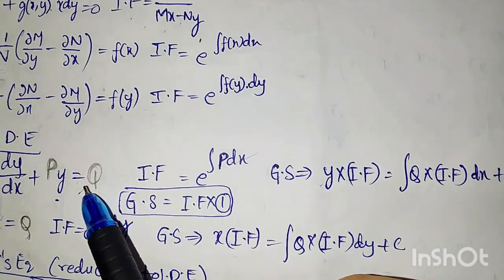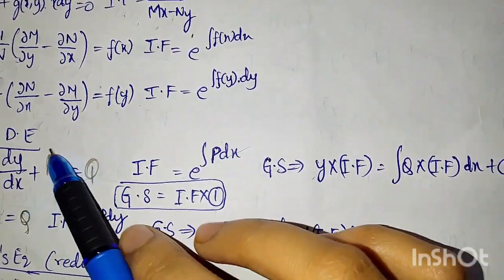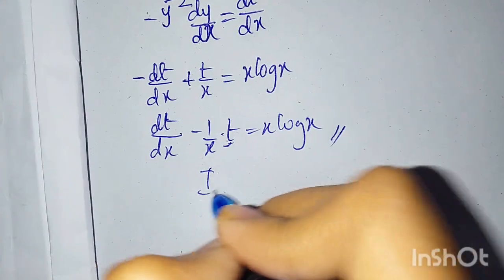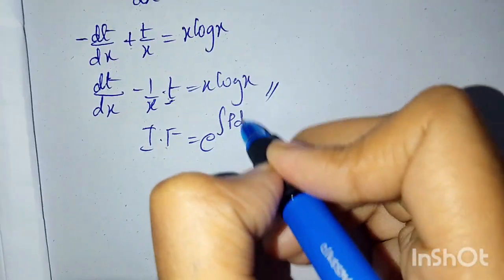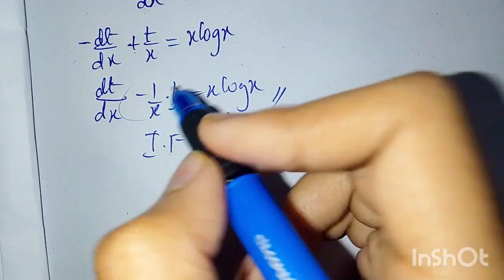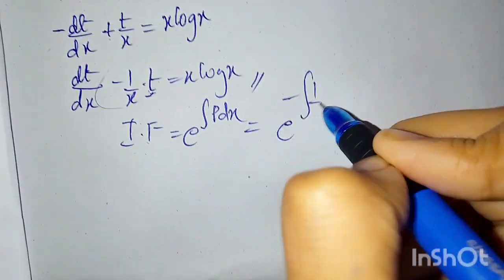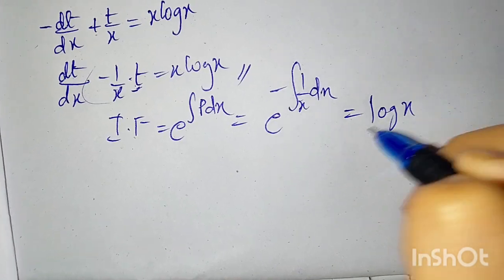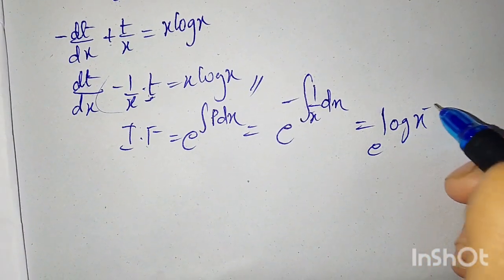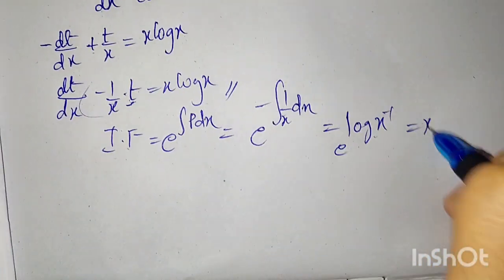So what is my integration factor here? e power integral p dx, right? So what is p? Minus 1 by x. Integral of minus 1 by x dx is minus log x. So e power minus log x, which is x power minus 1, which is 1 by x.